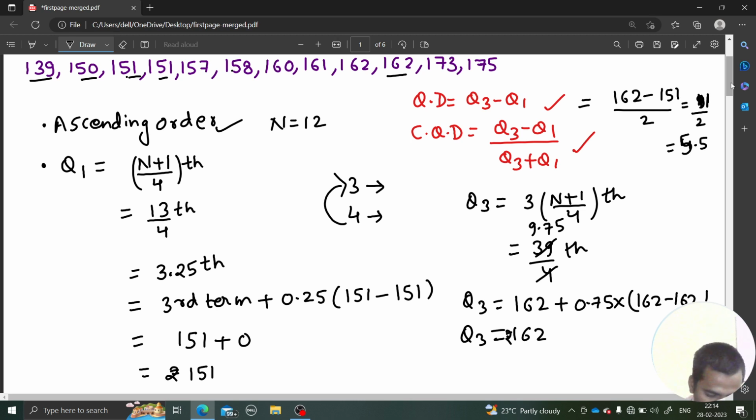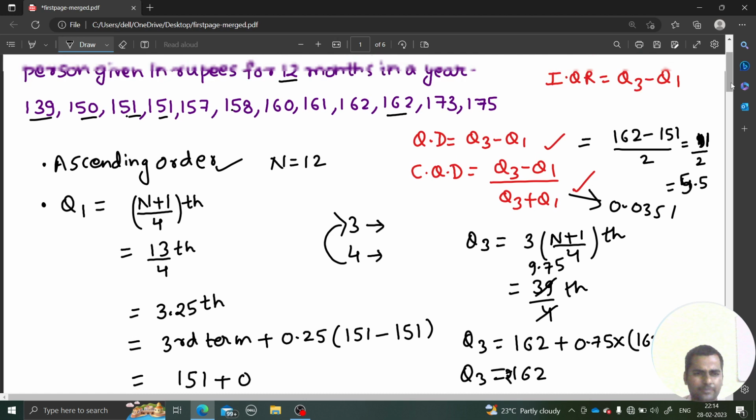This comes out to be 0.0351. So the first question is over. I hope it's clear how we find it and how to deal with it if it comes fractional. Otherwise it's simple: Q1 is the (n plus 1) by 4th term, and Q3 is 3 times (n plus 1) by 4th term.